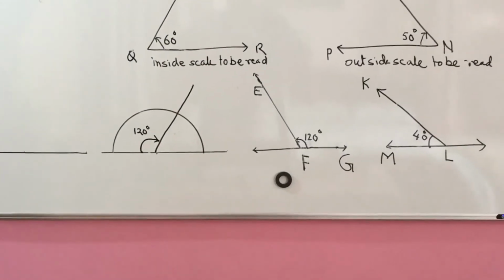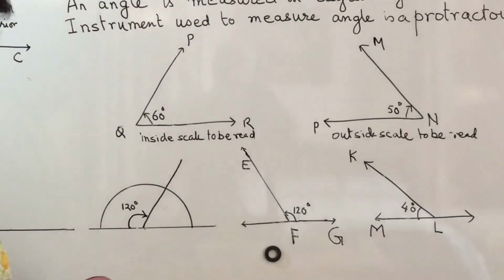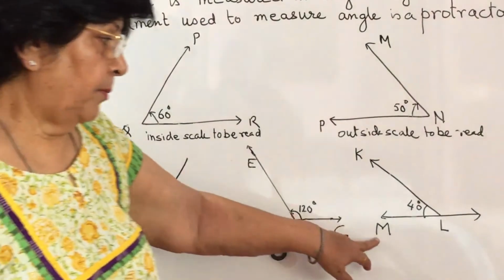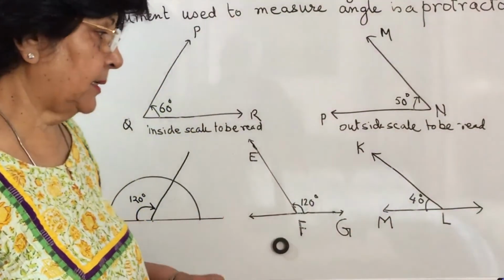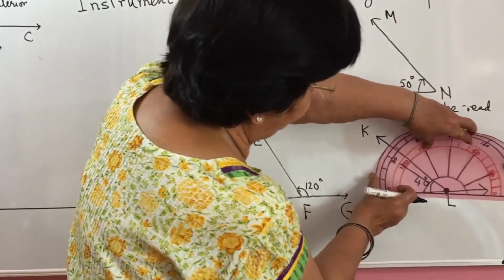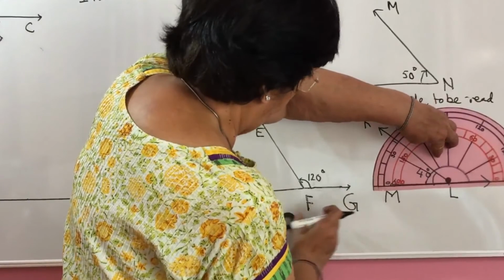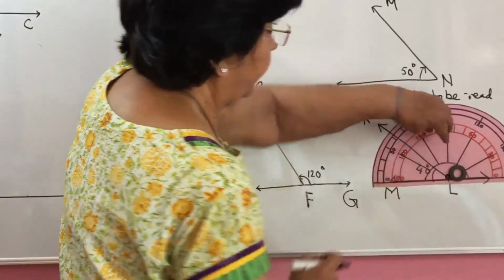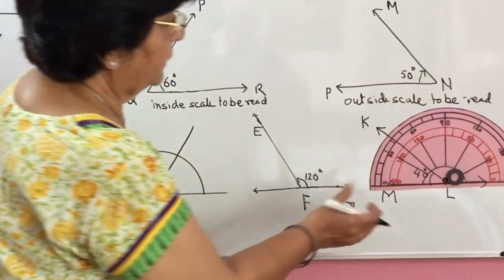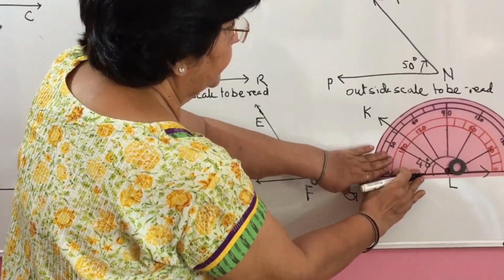We'll draw another angle with the help of the protractor where we've already drawn a line ML and we place the protractor in such a way that the center point is at L. Now, just see how much does it read.